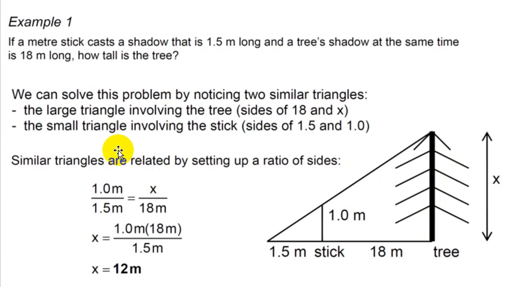Involving the right triangles, we can solve by this ratio: opposite over adjacent gives the same angle. Using this, we can find the height of the tree. It is equal to 12 meters.